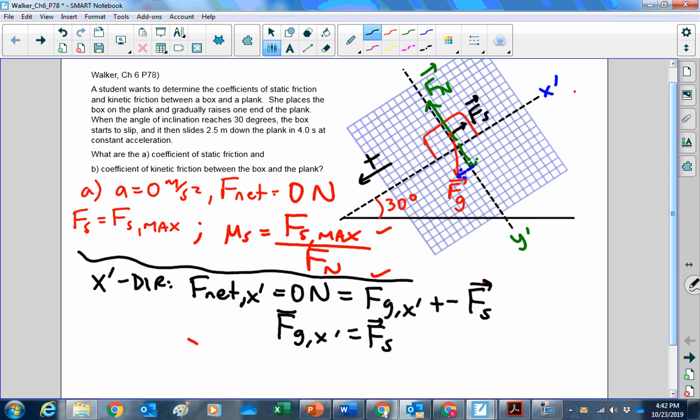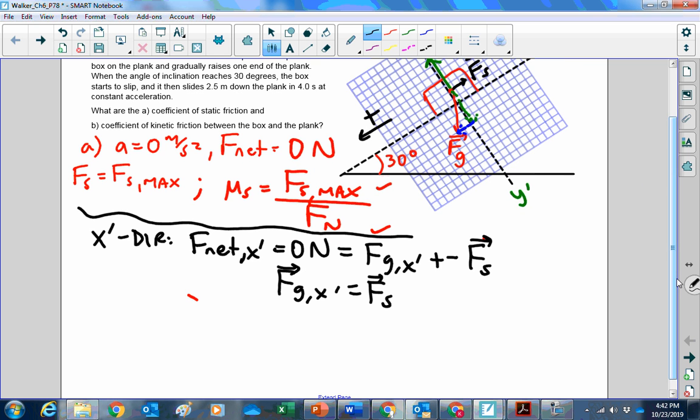And I can tell, by the way, that this angle between the perpendicular to the ramp and FG is also 30.